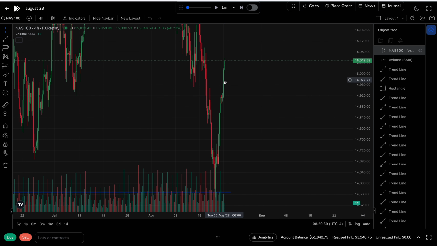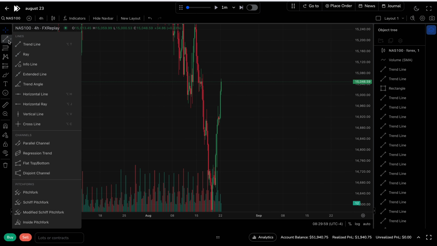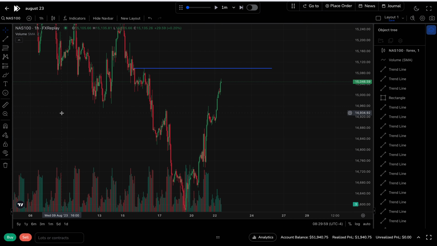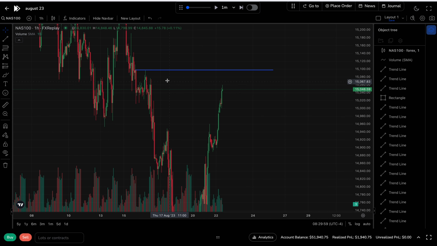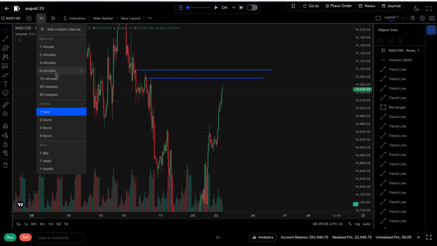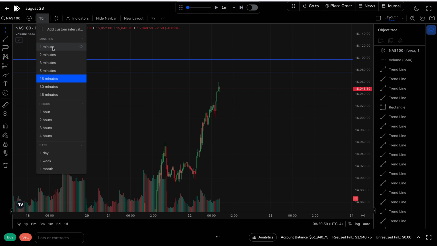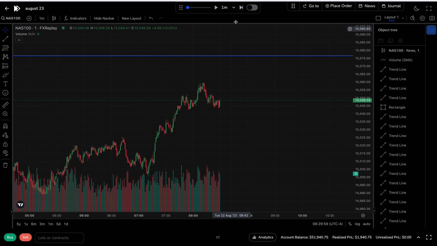Is this Monday? No, it's Tuesday. Okay, so we have this 4-hour high, these hourly highs as well. So looking bullish, just based on this bullish uptrend we're in right now.